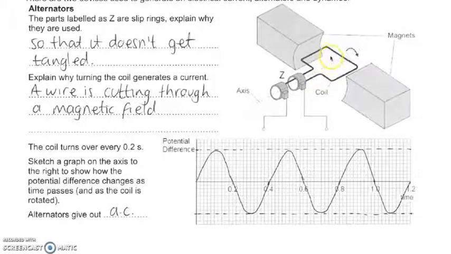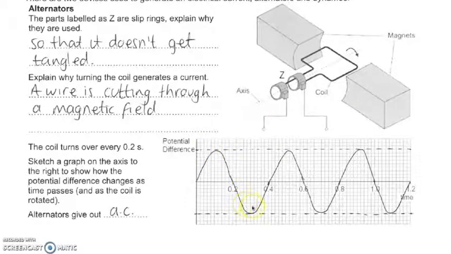And the same when it's at the top here, there's a bit of horizontal motion, or parallel motion, which means that you actually get less magnetic field lines being cut, whereas when it is rotating around this way, the coil is actually cutting a lot more magnetic field lines, which means we get a peak voltage or a peak current.